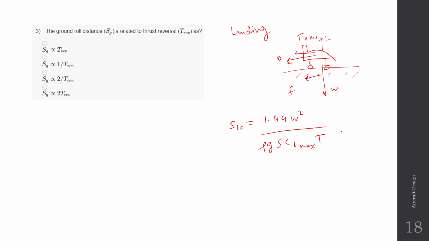You see that the thrust is in the denominator, so the takeoff distance will be proportional to 1 by T ref. Here you can also say that it is proportional to 2 by T ref. I think there is a mistake in the question then, but the more correct answer is this, 1 by T ref.